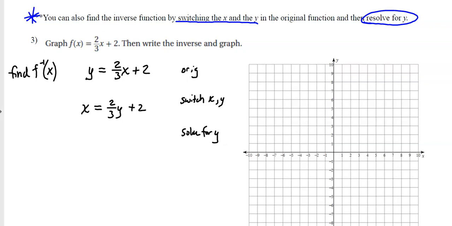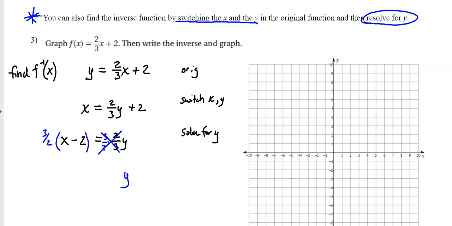So the first thing I'm going to do to get y by itself is I'm going to subtract 2 from both sides. And then to get rid of that 2/3, I'm going to multiply by the reciprocal. So I'm going to multiply by 3/2 to both sides. And these will go away.